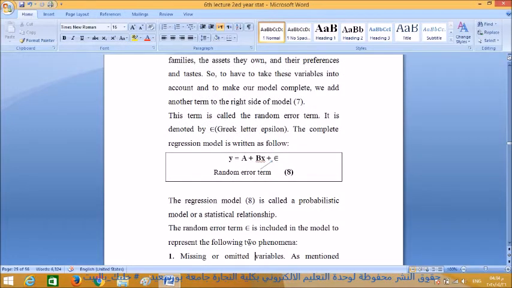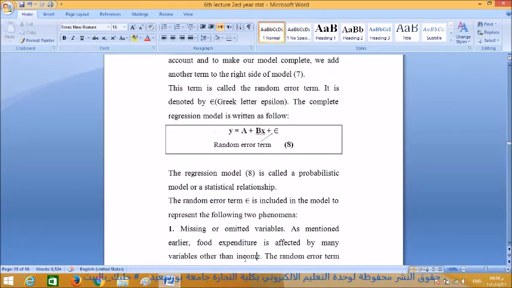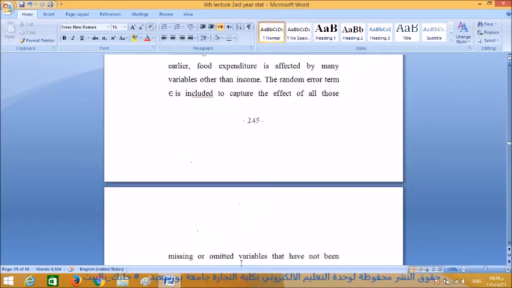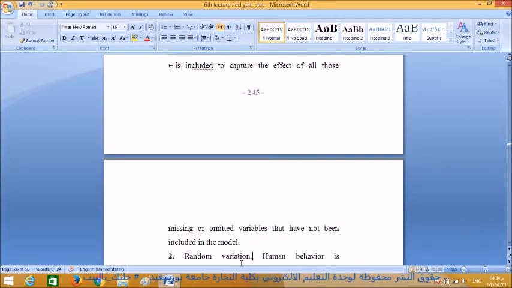Number one, missing or omitted variables, variables not taken into consideration. As mentioned earlier, food expenditure is affected by many variables other than income. The random error term epsilon is included to capture the effect of all those missing or omitted variables that have not been included in the model.